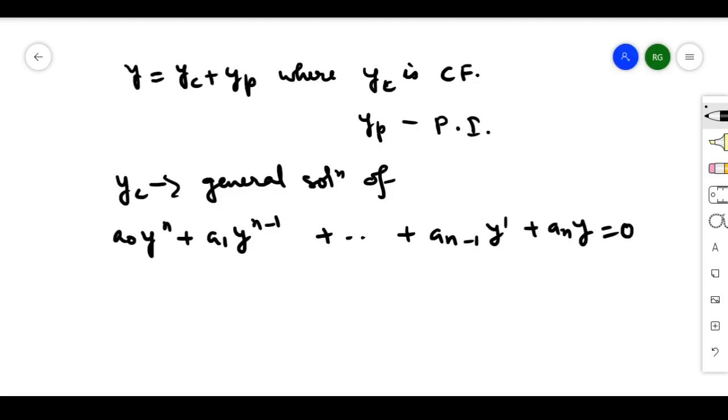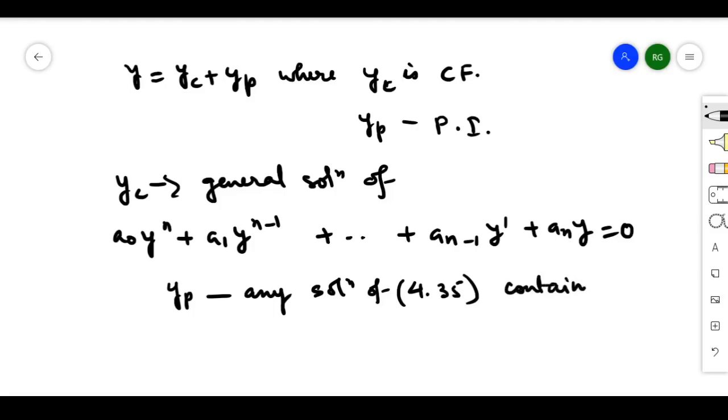And what is yp? yp is the particular integral, and that is actually any solution of the considered equation 4.35 containing no arbitrary constants.